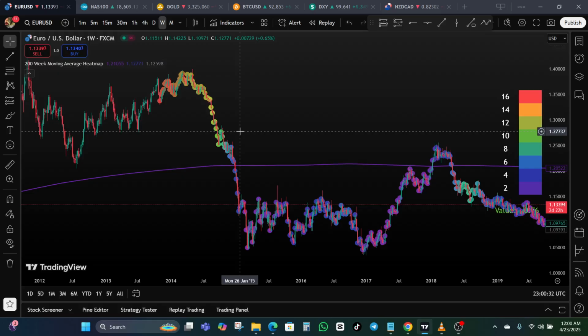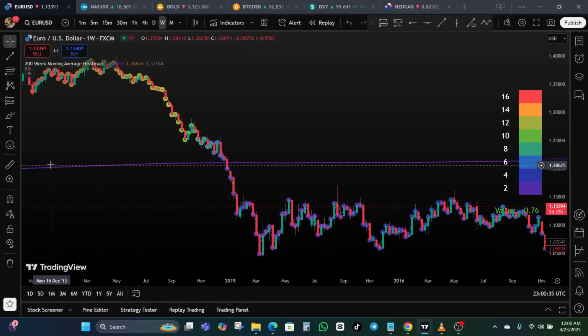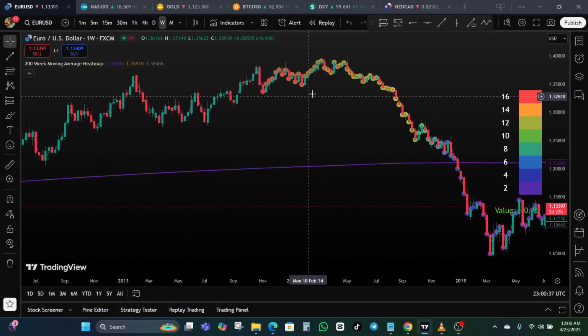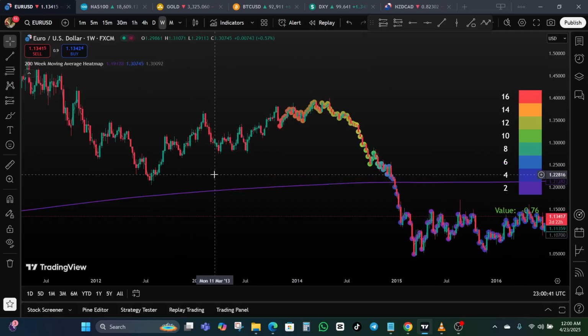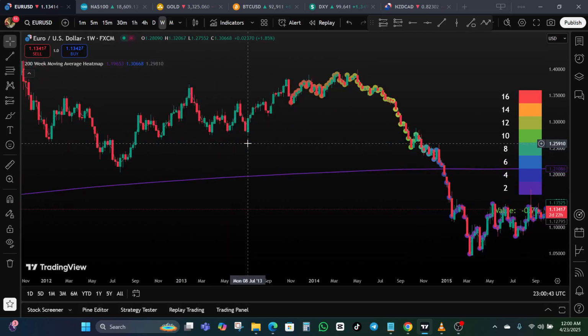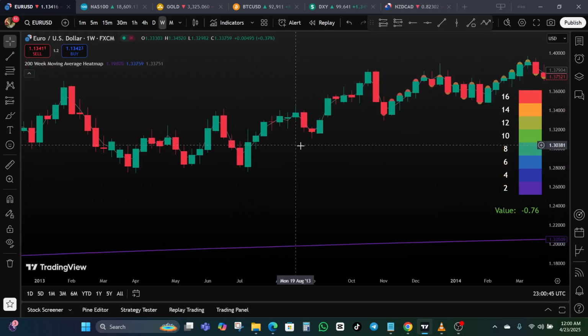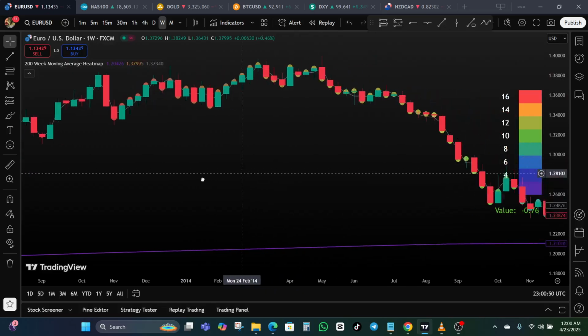So even if you notice that the heat map is giving you buy signs in a bullish trend, make sure that you get a candlestick confirmation that supports that buy signal, so that you don't just jump into the trade abruptly without proper calculation.